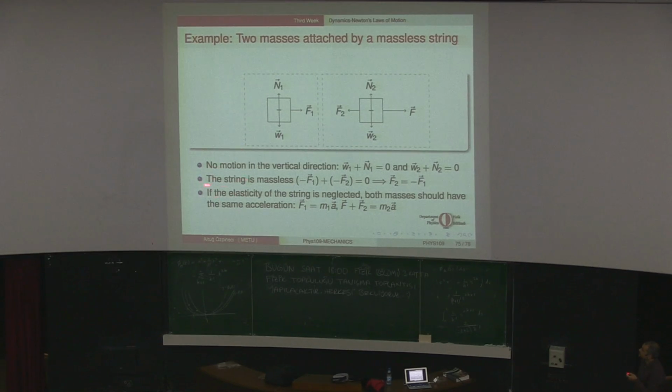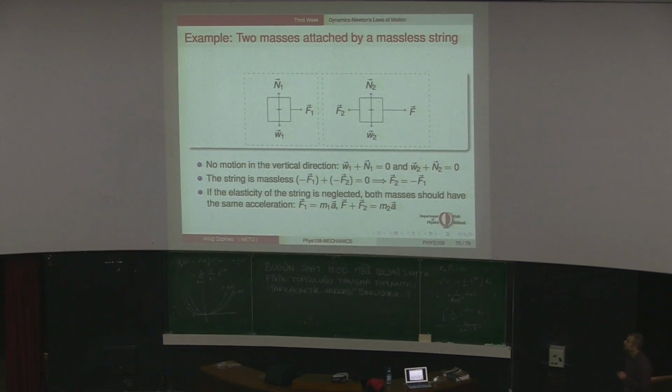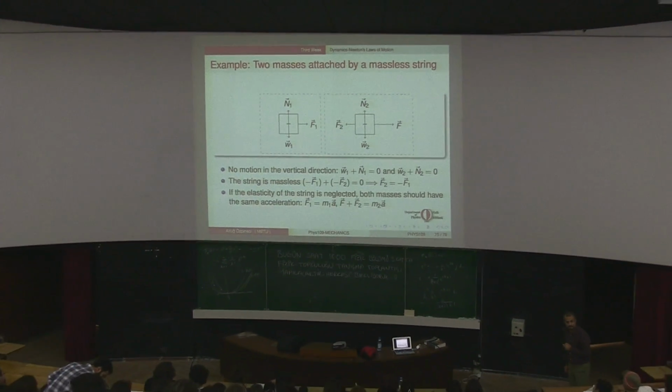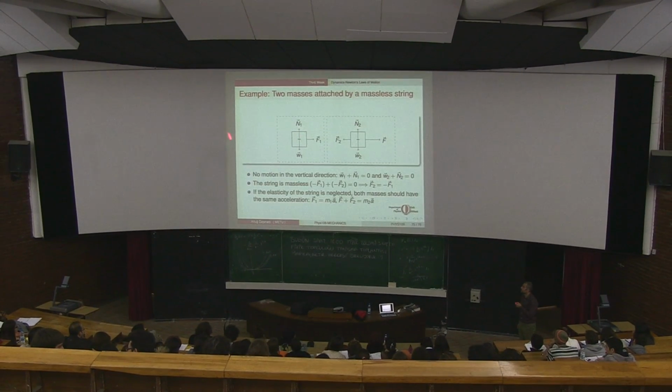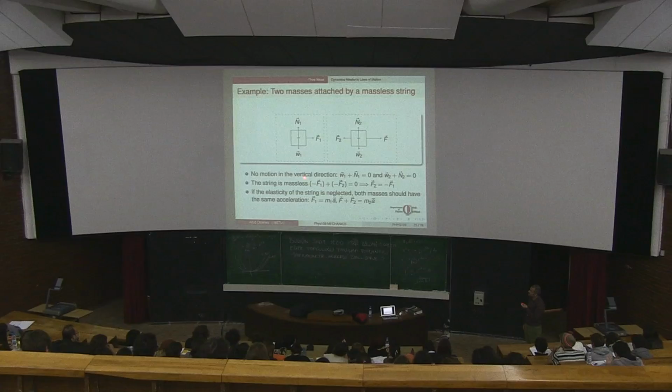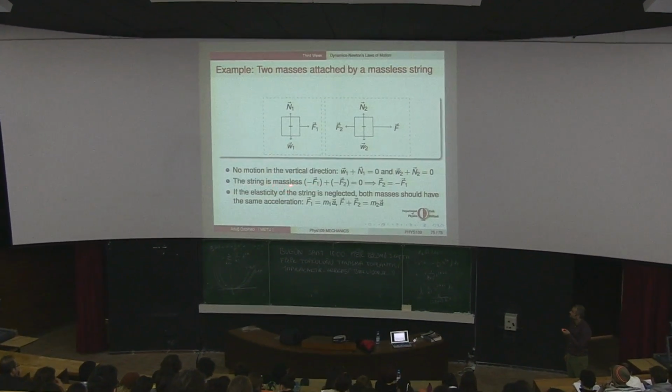The string is massless. So just using the previous result, if the string exerts the force F1 on this mass, then this mass will be exerting a force on the string. They are action-reaction pairs, and the reaction force will be minus F1.